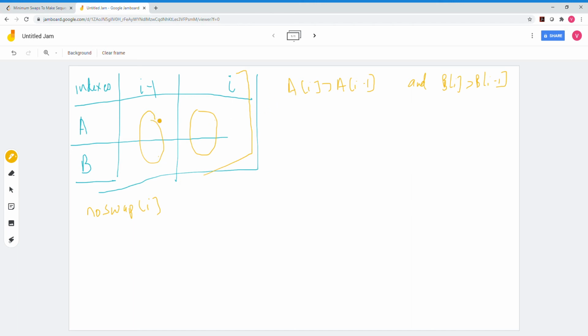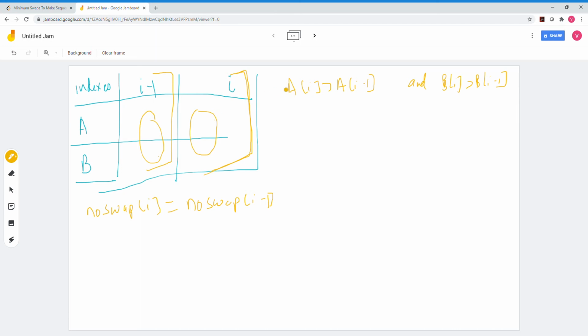So basically our problem to find out no swap of I boils down to finding the cost to make both the arrays increasing until here, such that there is no swap here, which is nothing but no swap of I minus 1. So it's equal to no swap of I minus 1. Let me just repeat this point. We want to find no swap of I. No swap of I is basically the cost to make both the arrays strictly increasing until the ith index, such that there is no swap here.